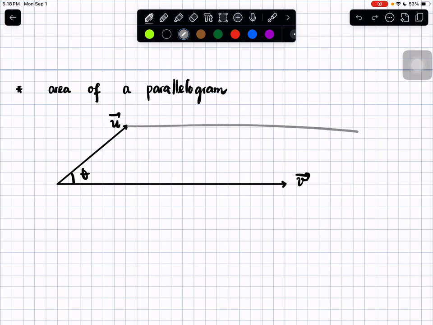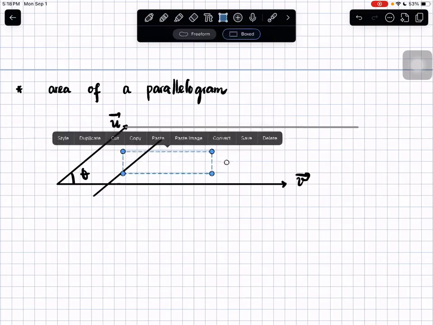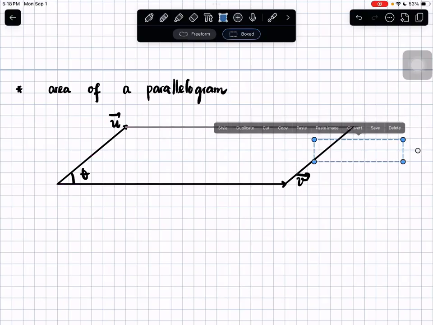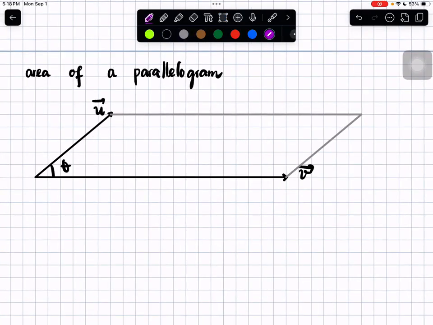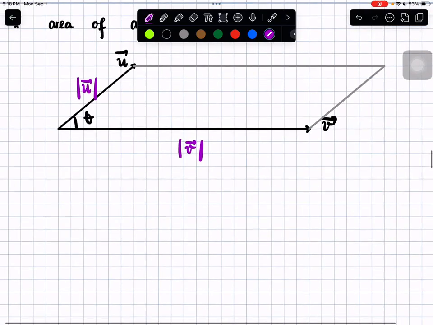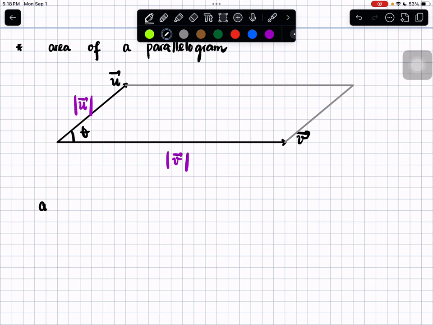So we have this parallelogram, the one from u and v. This side is the length of u. This side is the length of v. And the area of this parallelogram, let me call it P, is the base times the height.